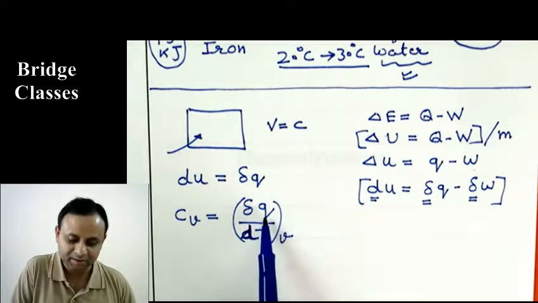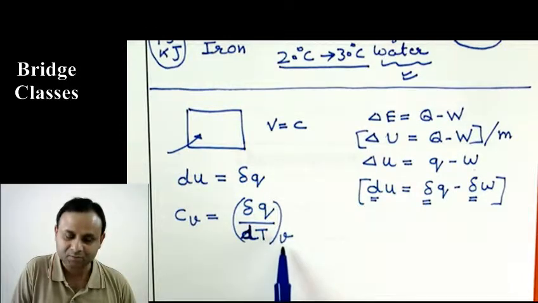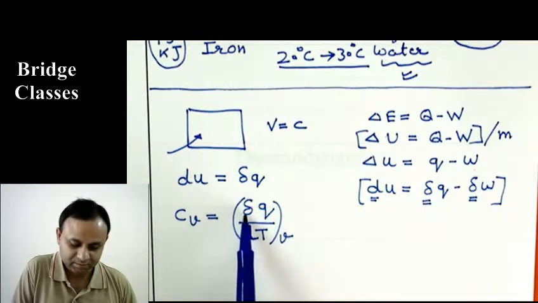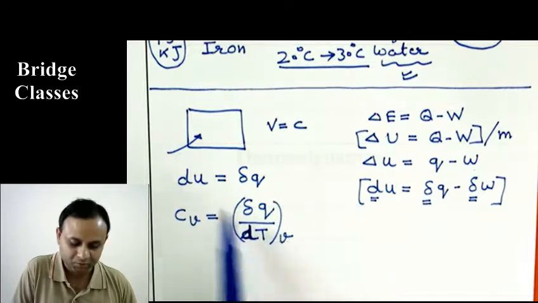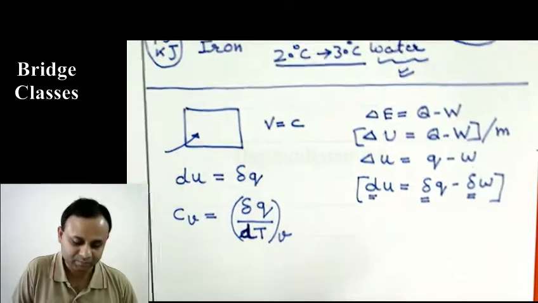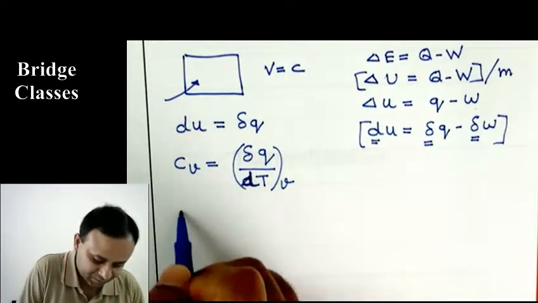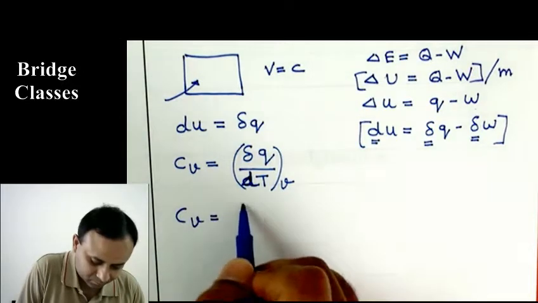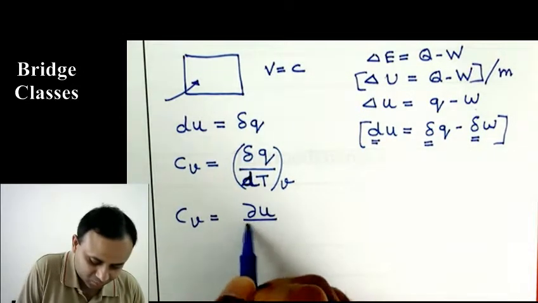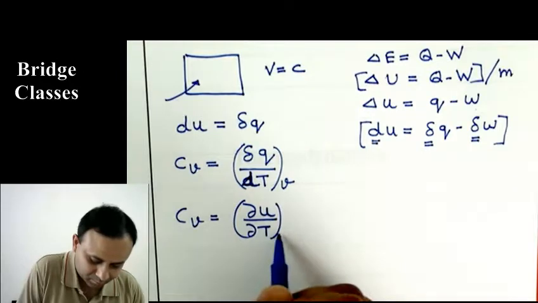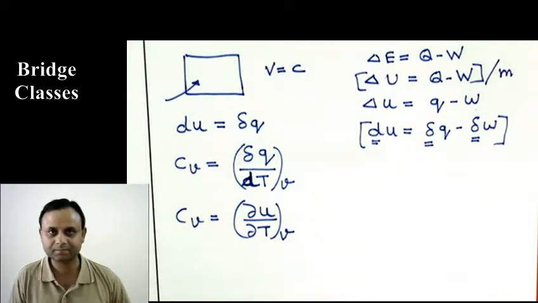Amount of heat required per unit mass, per unit rise in temperature at constant volume. But this dq at constant volume is actually du. So what you get is CV equals del u by del T at constant volume.